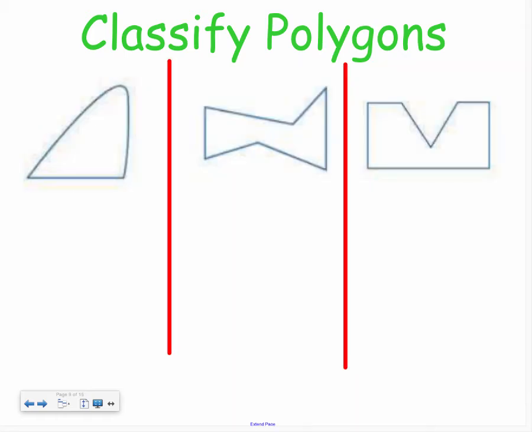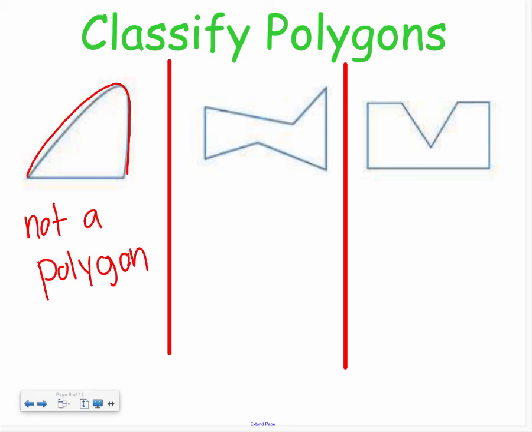So, classifying polygons for your homework, looking at the first one, we cannot even classify it because of its curved side. So we would simply label it not a polygon. If we come to the one in the middle, we have a simple closed figure, no overlaps and no gaps. So then we count the sides. 1, 2, 3, 4, 5, 6. 6 sides, giving us a hexagon.